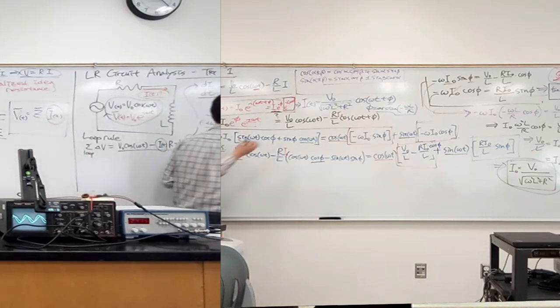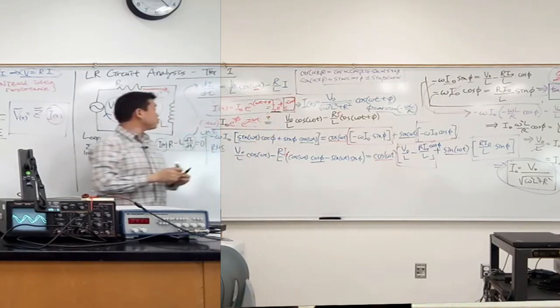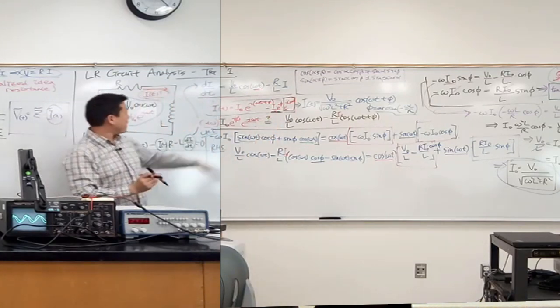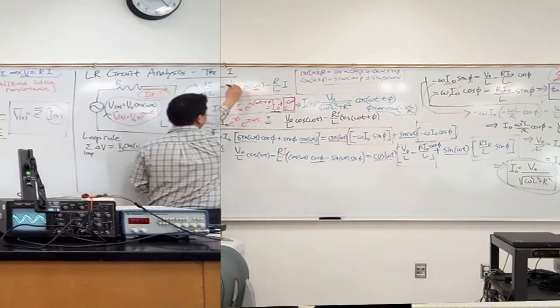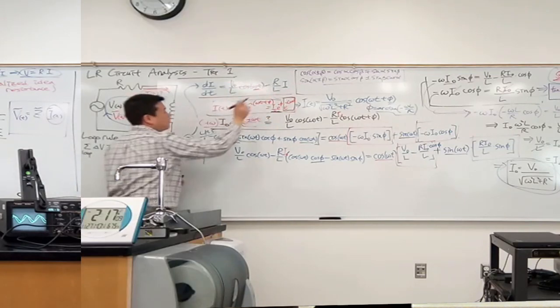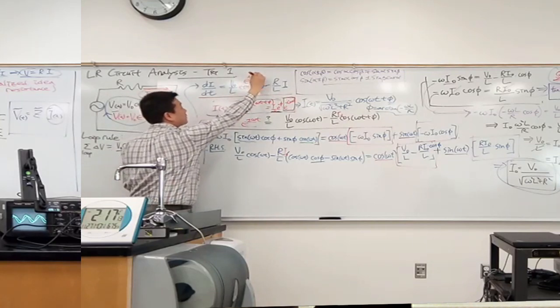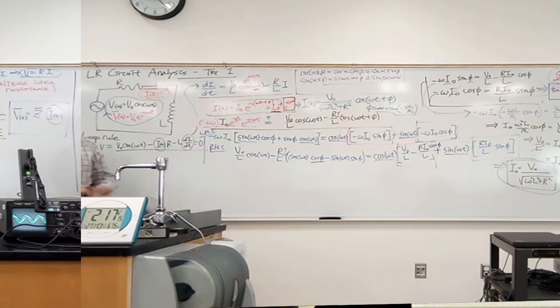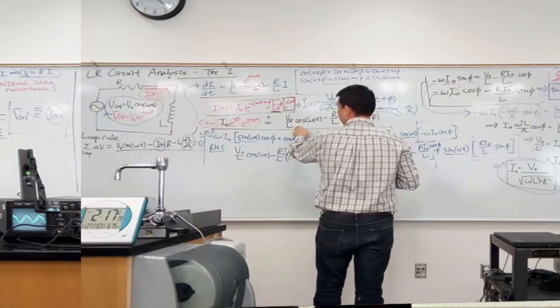Let me do the right-hand side and see if we can figure out if those two terms should be equal to each other. So the right-hand side is this. Forgot to make this replacement in place. So this cosine of omega t should have been e to the I omega t. So the right-hand side here will be v naught over L. This doesn't change.